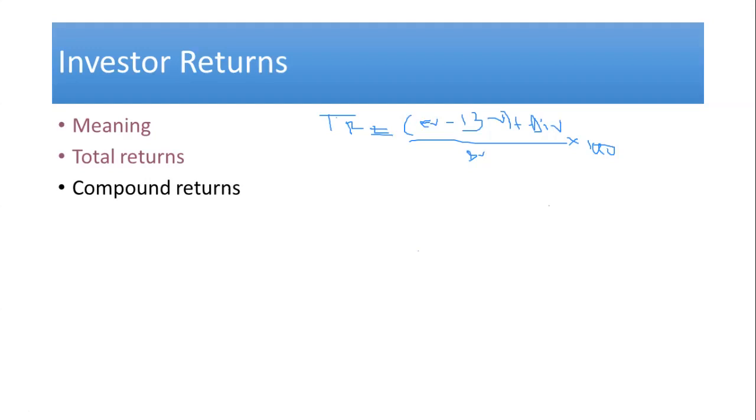In the compound return, we give equal weightage to the year as well as the interest. So what is the difference between compound return and simple return? It is very simple. In compound return, whatever interest or return is earned is again invested in the unit, not withdrawn. Whereas in simple return, once the return is calculated, it is credited to the investor's account.